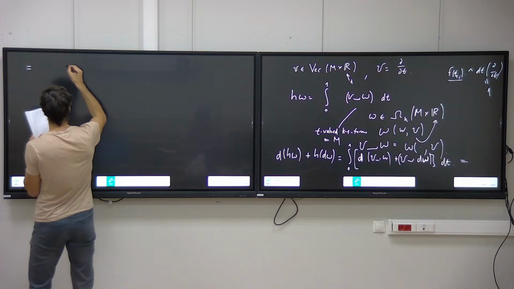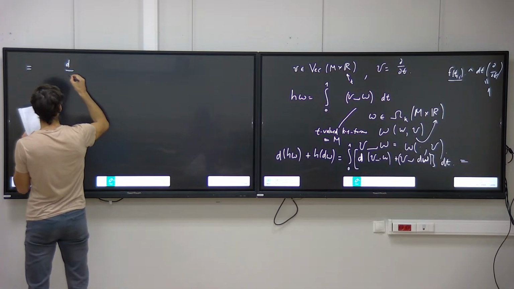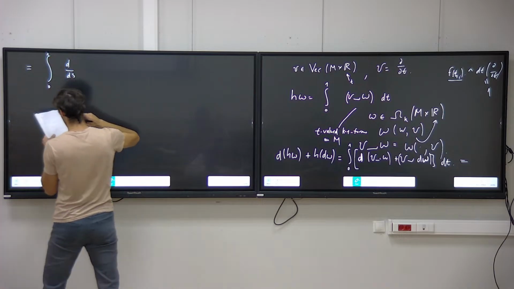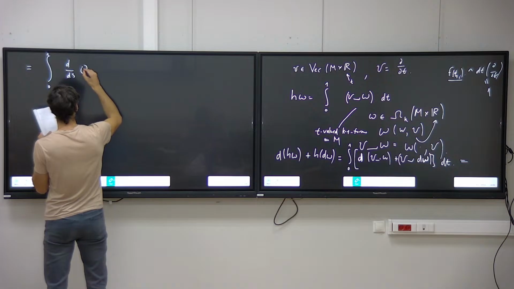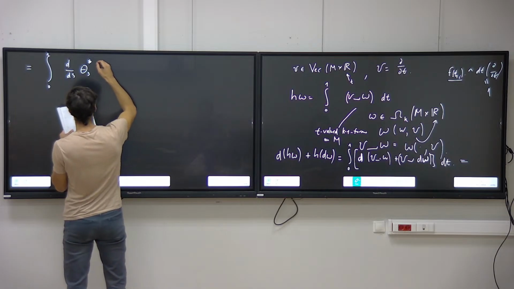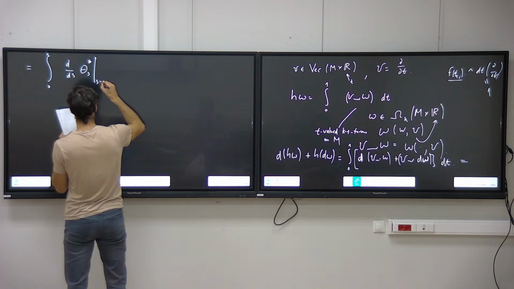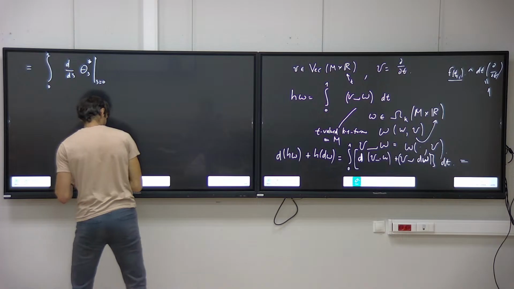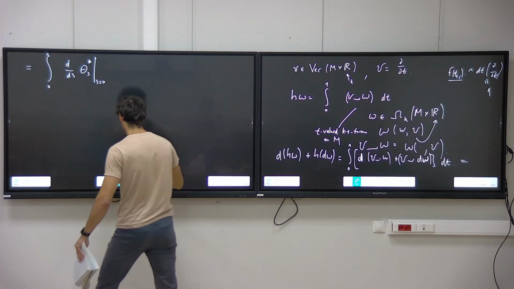So I will have d over ds. So this integral from 0 to 1, d over ds, theta s star. Well, I need to do it more accurately.